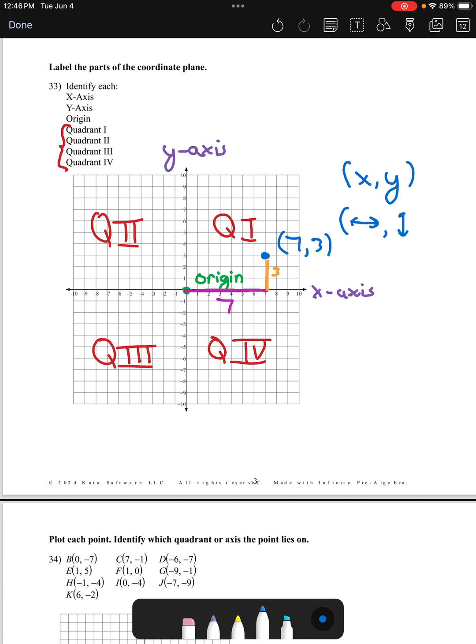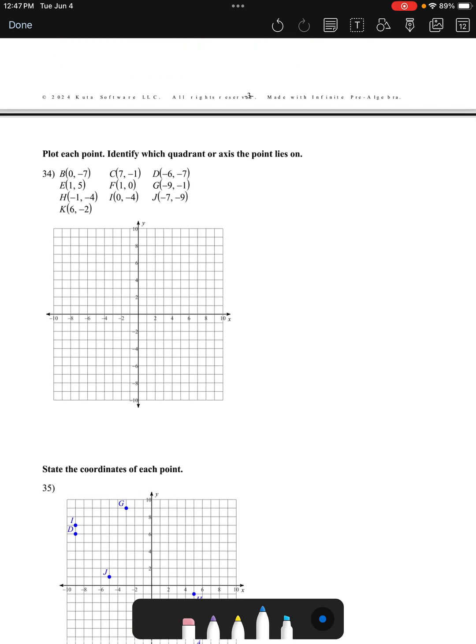And I have in the past had some students draw this to help them: an ordered pair that shows left and right first, up and down second. With all that out of the way, we have two major examples. One is to plot points and say where they're at, and the other is to identify the addresses of points, the coordinates.